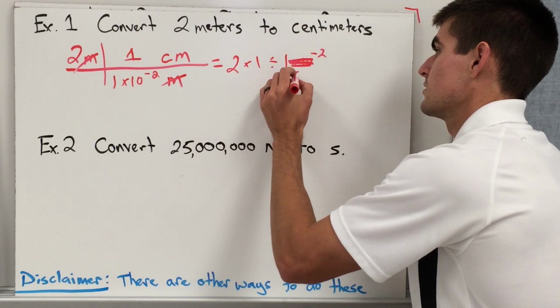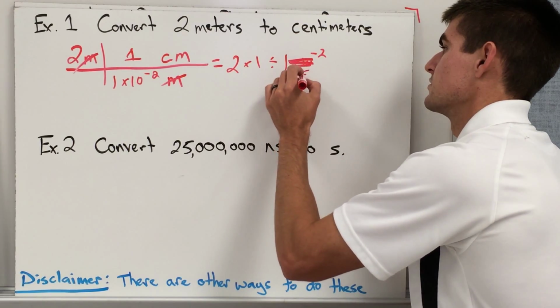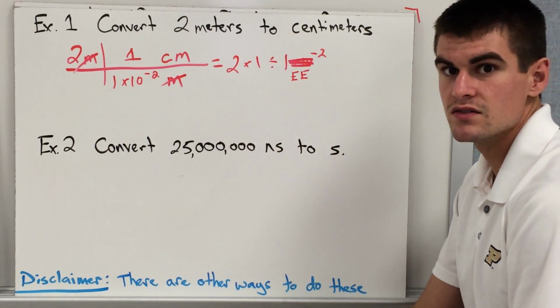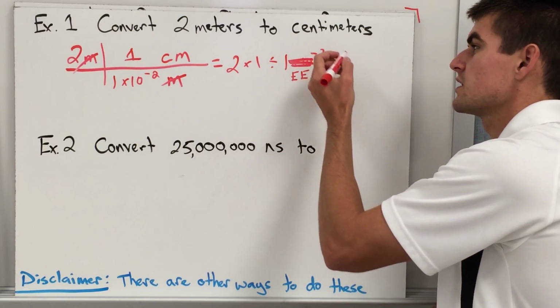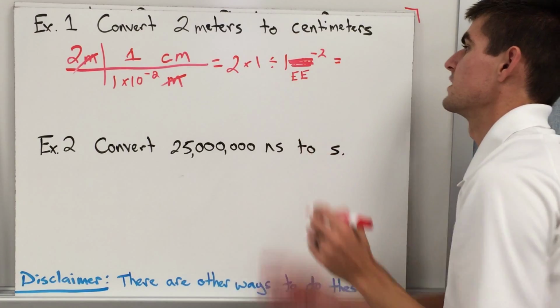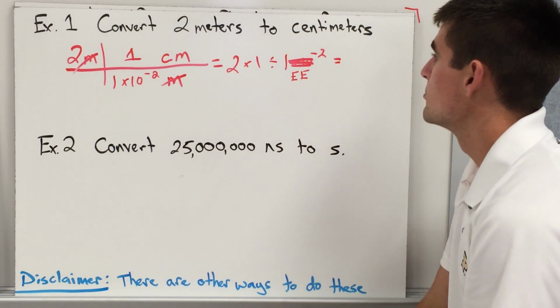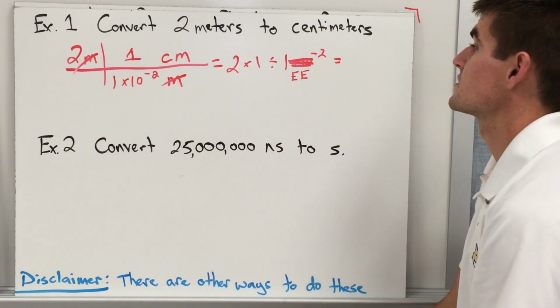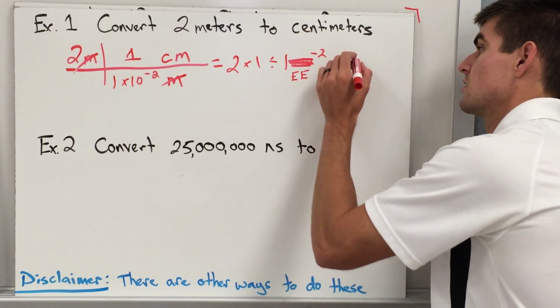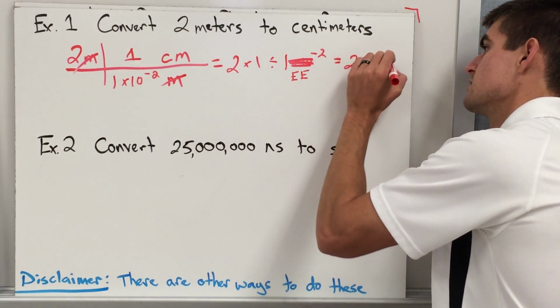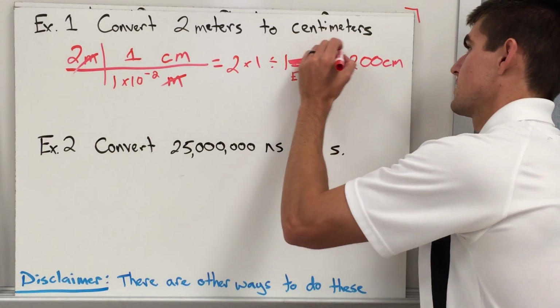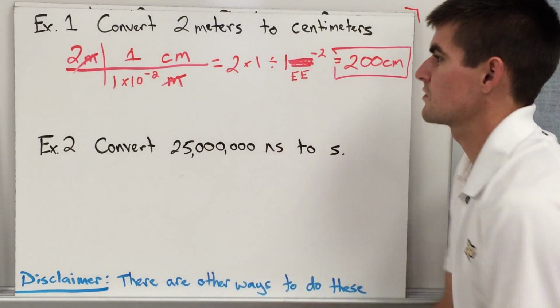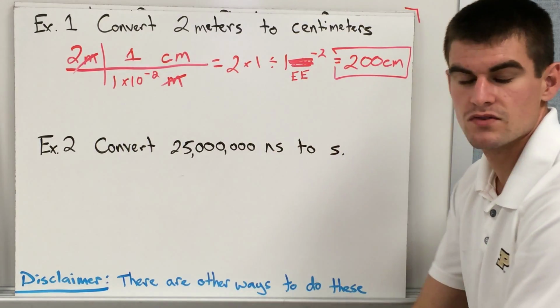There should be a button with 2 big E's. You actually want to hit that button instead. So 1 EE negative 2, and it does the times 10 stuff for you. What you end up with in this case is 200 centimeters, if you did it correctly. Sig figs: we were only given 1, so our answer only has 1.